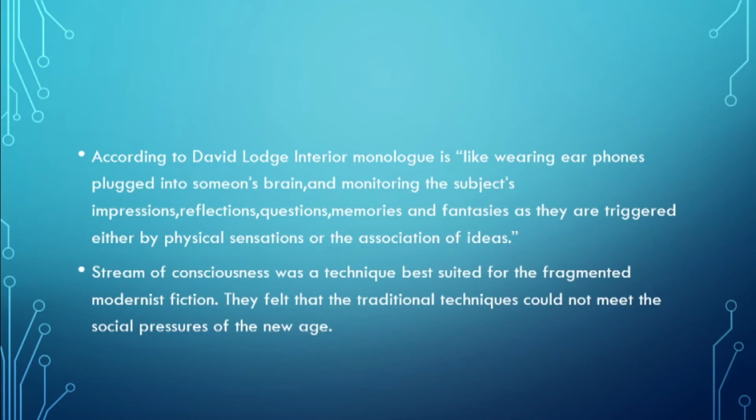That's why they were thinking about new techniques to express those feelings, emotions, ideas, and perceptions to the readers effectively. As a result, one of the modern literary techniques, stream of consciousness, came into being.